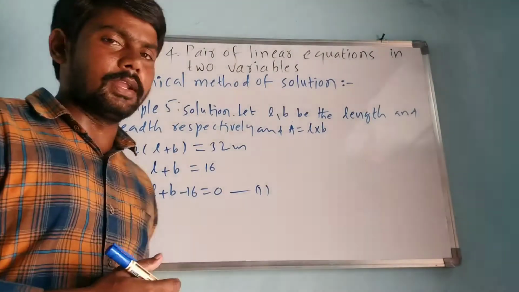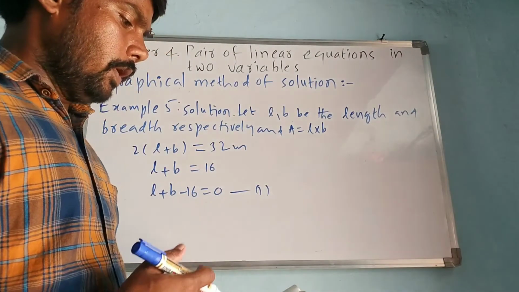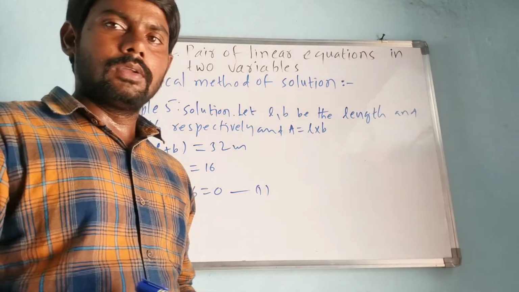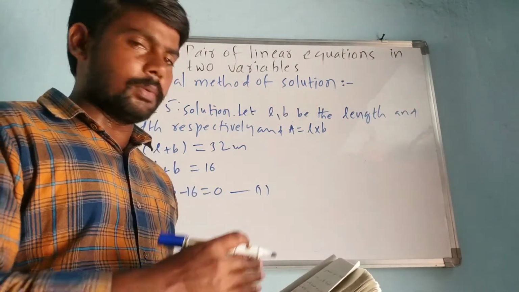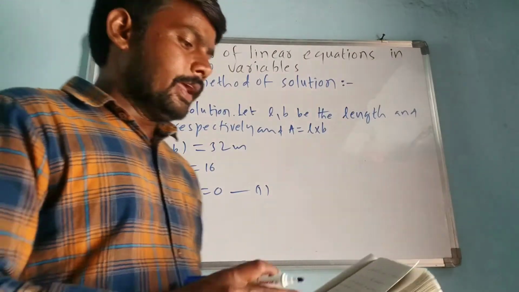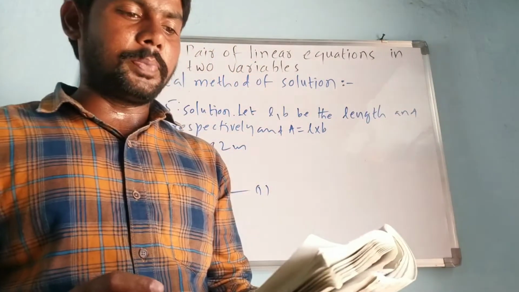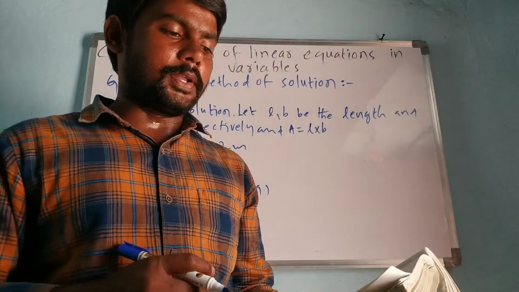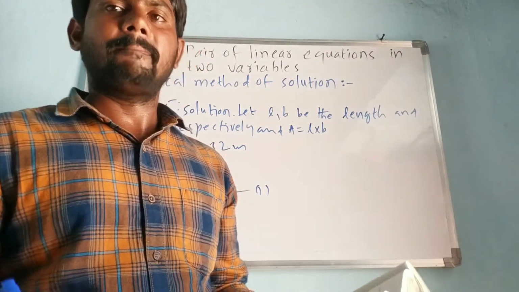Similarly we have to derive the other equation from the second situation. What is the second situation here? If the length is increased by 2 meters and the breadth is decreased by 1 meter, the area of the plot remains the same.